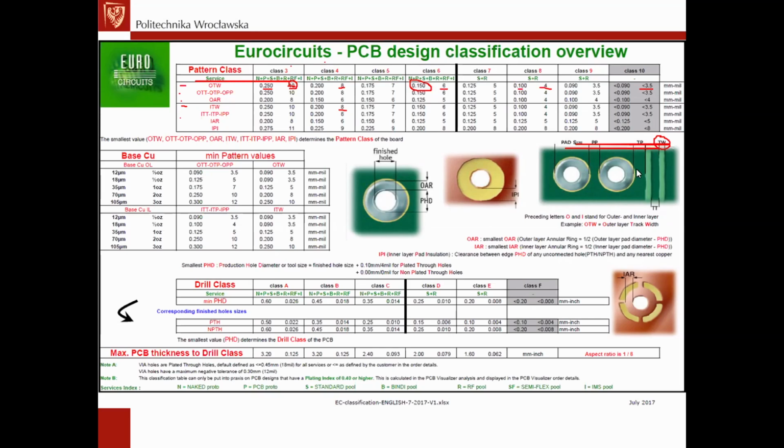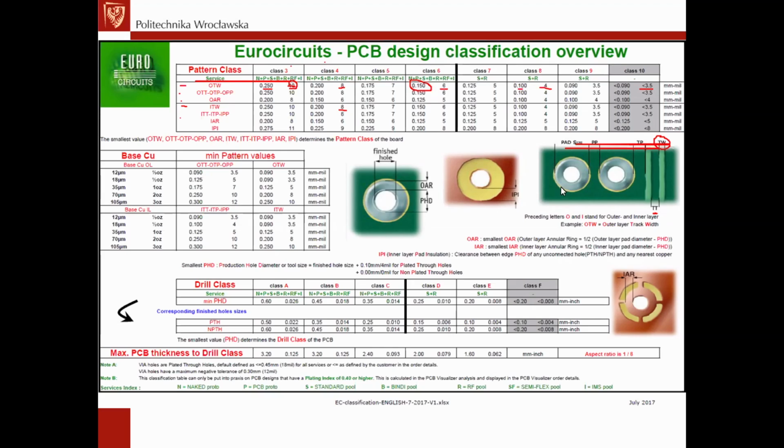The other parameters that we have on the boards are the TT, so the distance between tracks, the track separation. That's track to track, that's why TT. And then we have TP, which is track to pad. Then we have the PP parameter, which is the pad to pad separation.